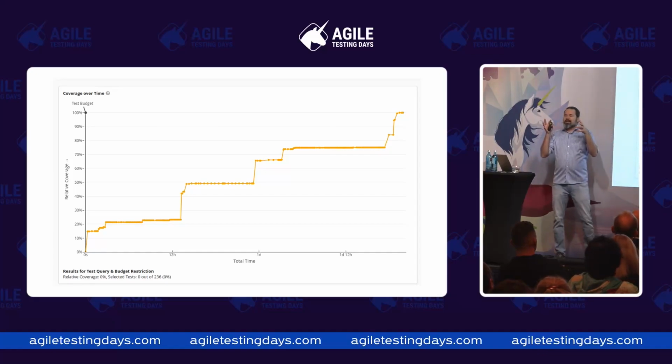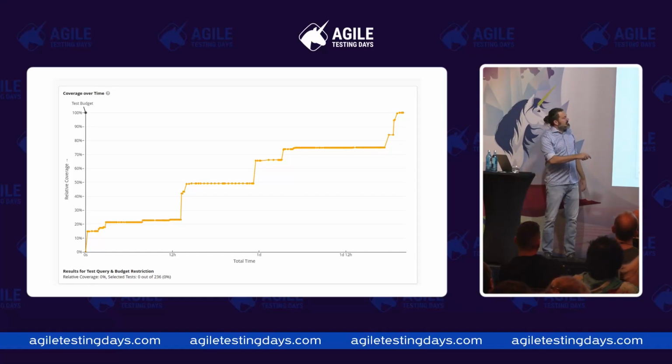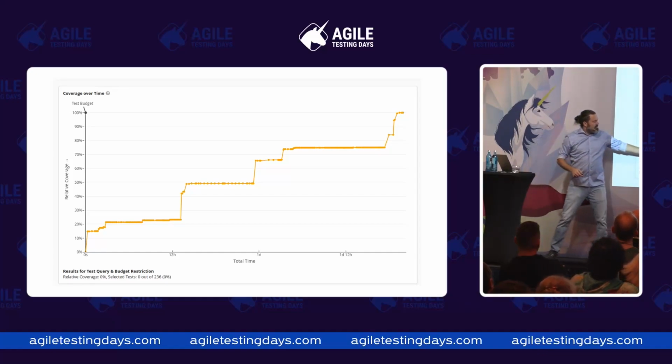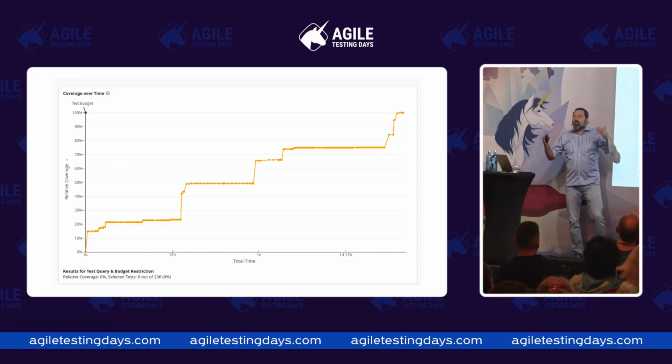And each plateau is a cluster of very similar tests, like the blurs. And the first test in a cluster adds a lot of coverage, and then you basically spend a lot of time in that plateau. And if we now would cut off this test suite here, then in a couple of hours, we would only produce 20% of the coverage that the entire suite finds. And so we can't expect to find more than 20% of the bugs that the entire suite finds.